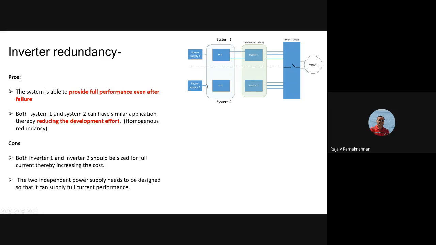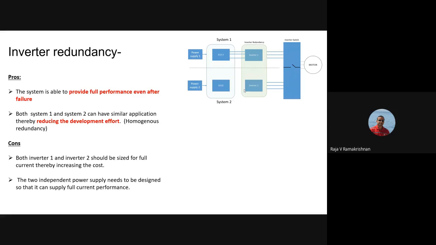Not only the inverter, but from an OEM point of view, these two power supplies need to be designed to be capable of driving the full current. Especially for an OEM, the power supply and the cable length are very key for cost. So they need to provide such capability so that you have full performance.